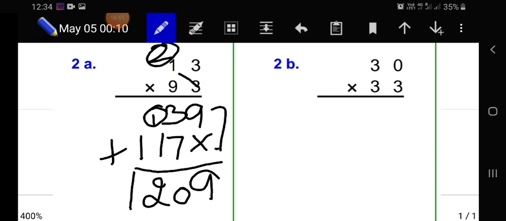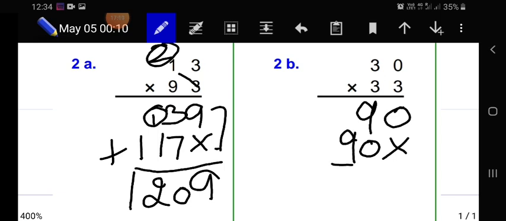Okay, so let's just start. 3 zeros are 0, 3 threes are 9. Okay, now we will put a cross mark here. 3 zeros are 0, 3 threes are 9.